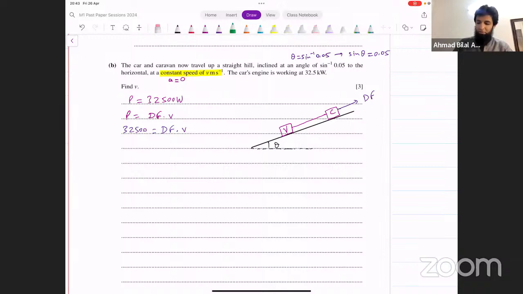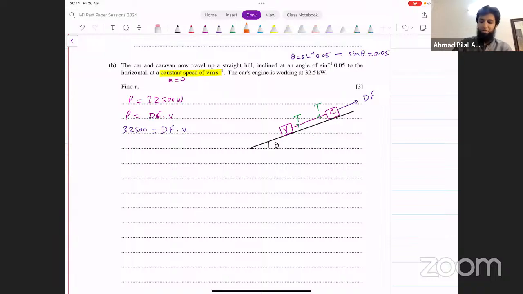Then we have tension. On the car, it's going to act in this direction. On the caravan, it's going to act in this direction. What else? We've got the weight of the car and the caravan. Since it's an inclined surface, weight is going to have an impact, because one component of weight is going to act against motion.